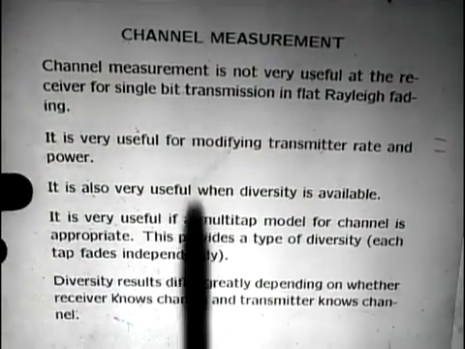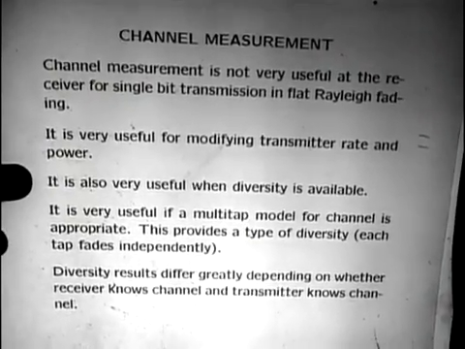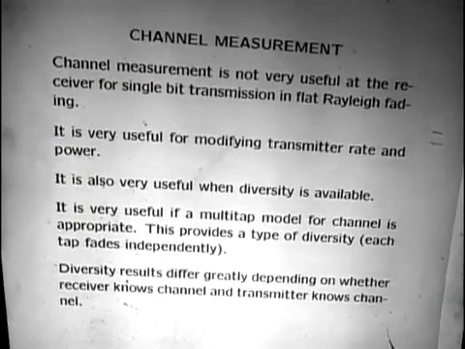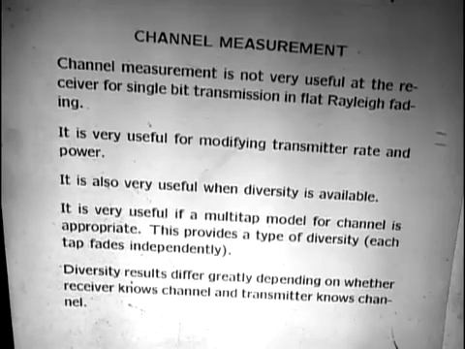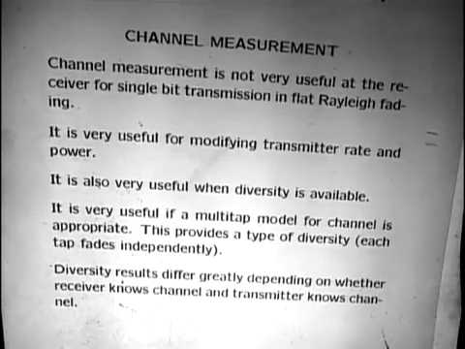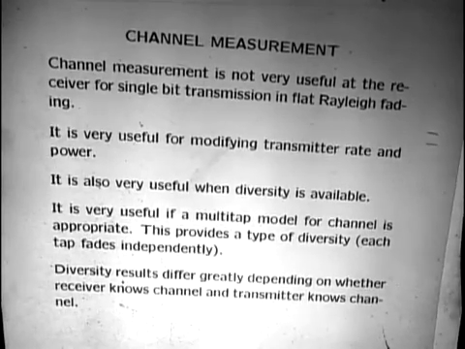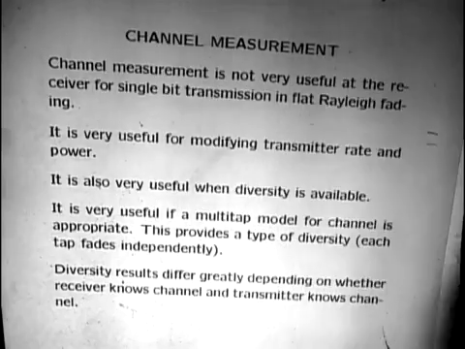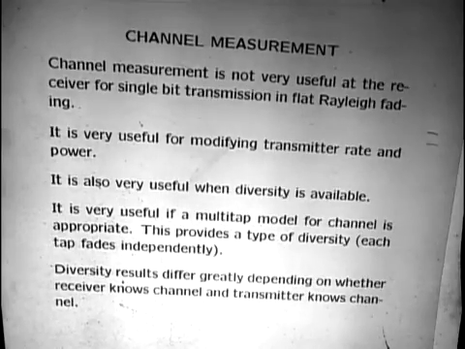Okay. As we said, channel measurement helps if diversity is available. Why does it help when diversity is available? Think of sending this one bit. You get one reception, and then you get another reception. On this reception, you get one amount of fading.